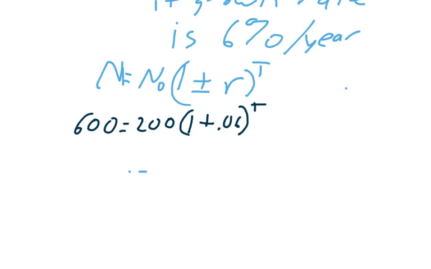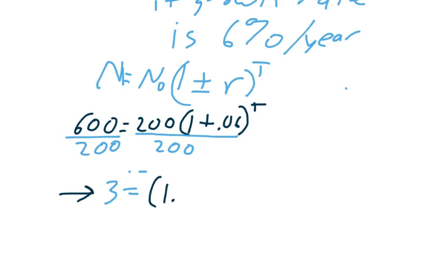My first step in this problem is to divide both sides by 200. So whatever number you started with, you just multiply by 3. And so no matter what number I started with, this is going to be a 3 over here. So normally I would just start with 1 and 3, because then I would have saved myself a step.